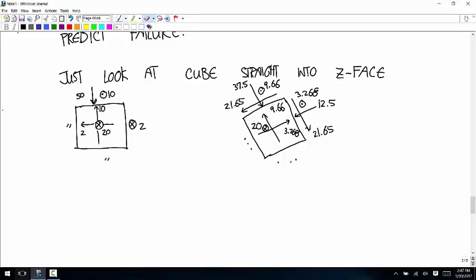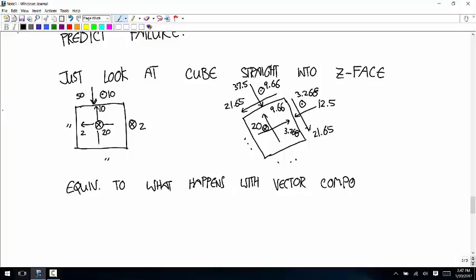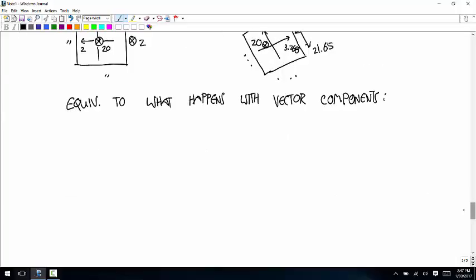Let's say it's equivalent to what happens with vector components. If you have a vector like this with a magnitude of 10, let's say that angle is 30 degrees.